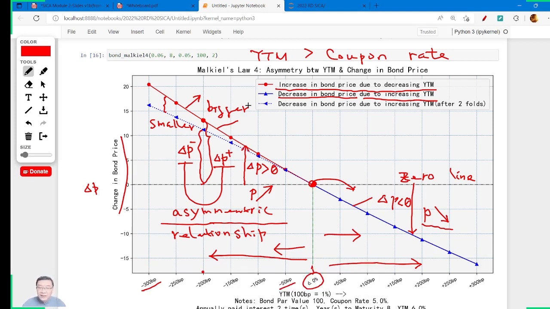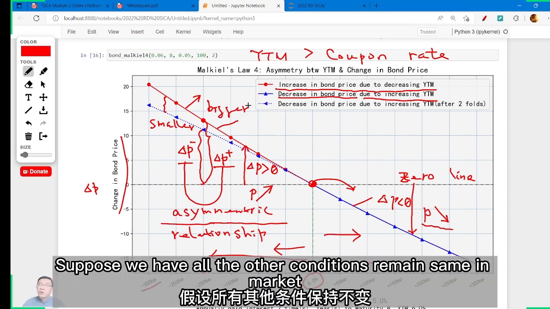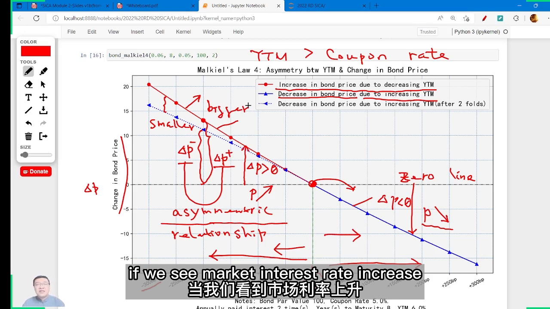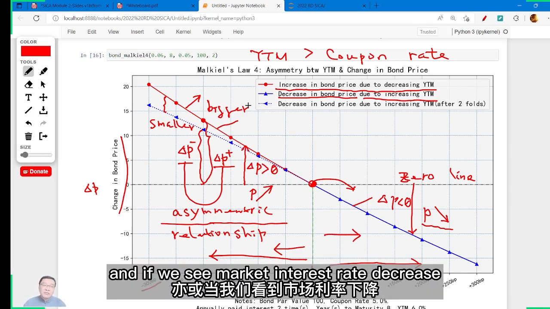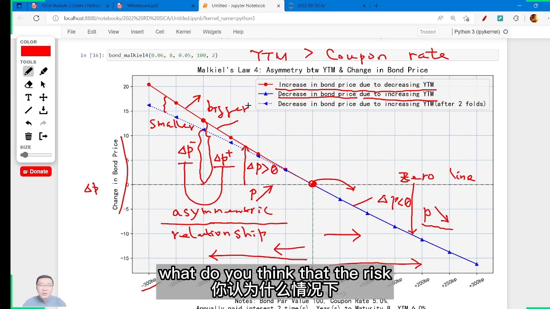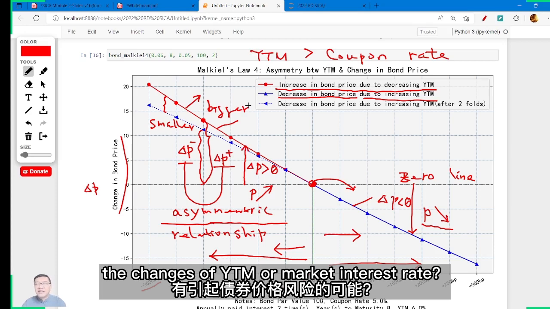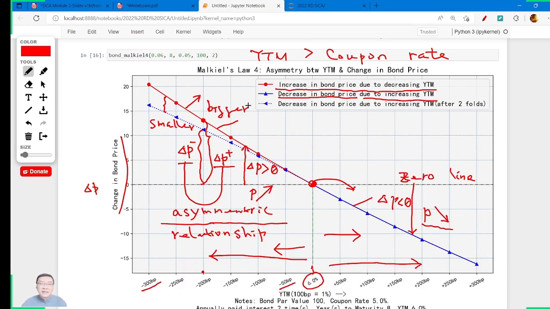Now you have a very strange conclusion compared to our common sense before we learned this law. Suppose we have all the other conditions remain the same in the market, if we see market interest rate increase, and if we see market interest rate decrease, what do you think about the risk to bond price caused by the changes in YTM or market interest rate?